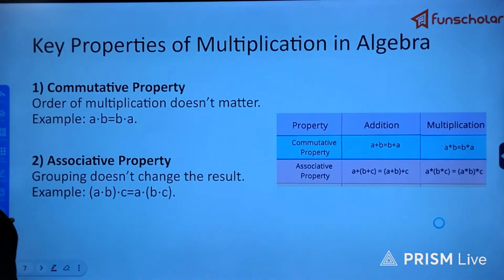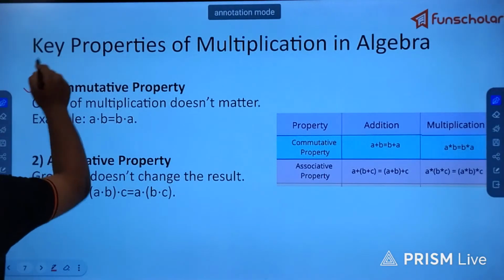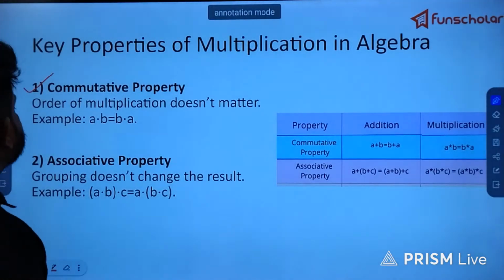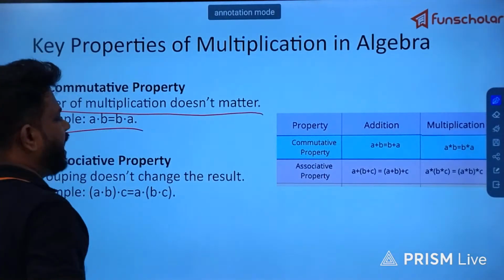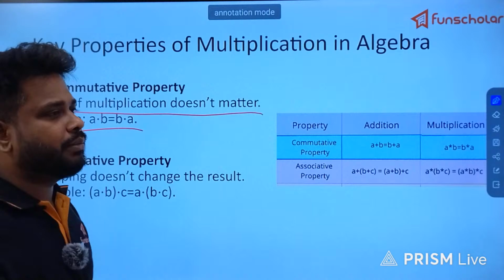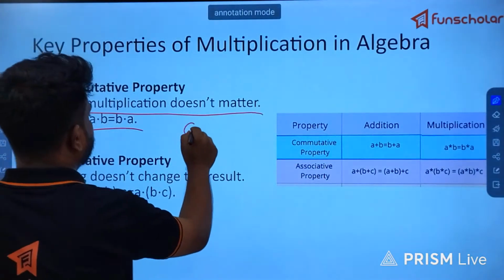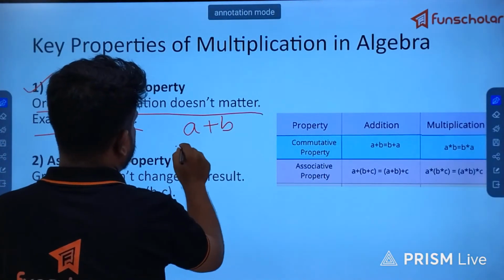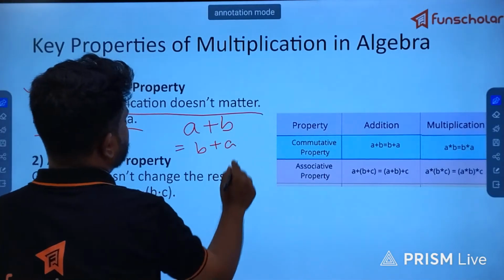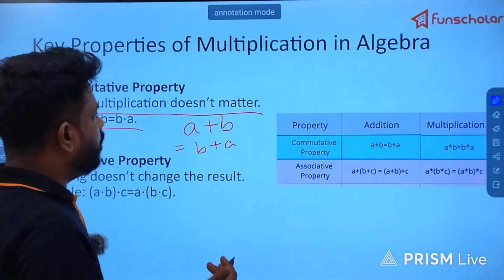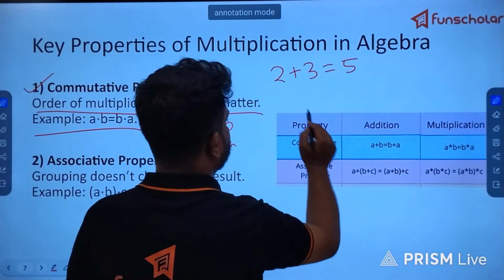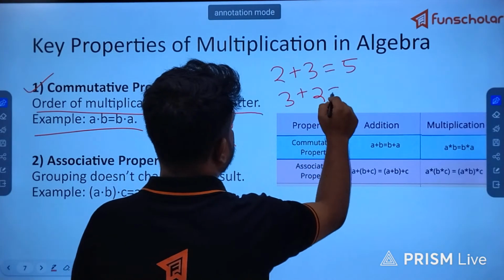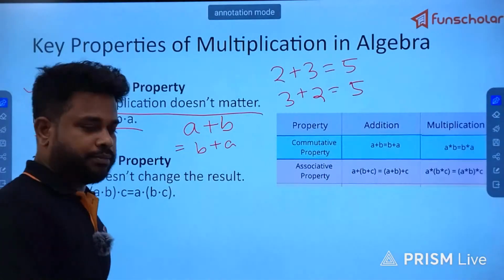The commutative property means the order of the multiplication doesn't matter. We already learned it for addition: if we add a plus b or b plus a, it doesn't matter, it will give the same value. For example, 2 plus 3 is 5, and 3 plus 2 is also 5.